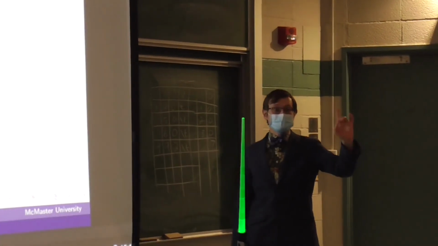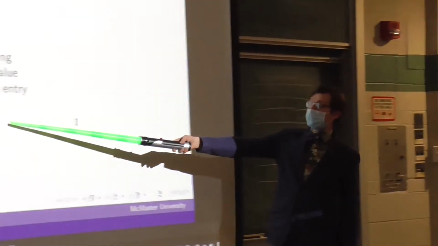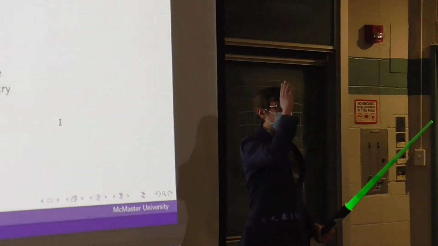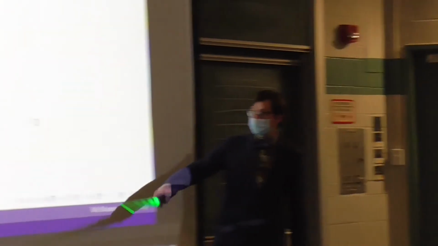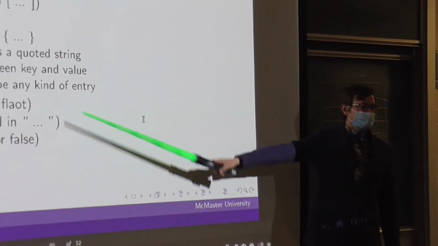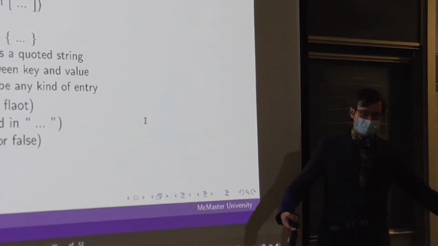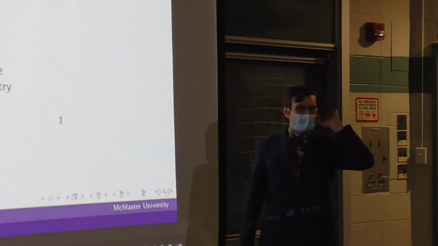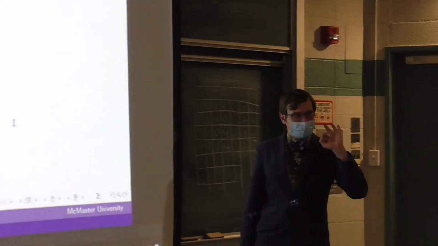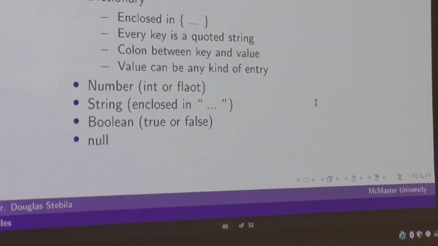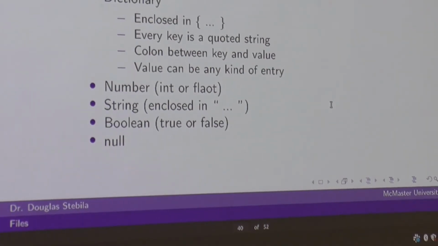Most of the places that you will go, double quotes means a string, single quotes means a character. So you should get used to using double quotes even if you're inclined to use single quotes, because you don't have to hold the shift, and it is infinitesimally faster. Booleans are true or false, and null.